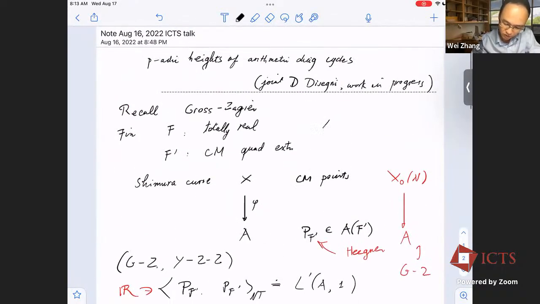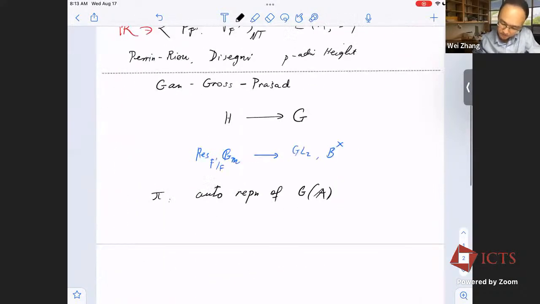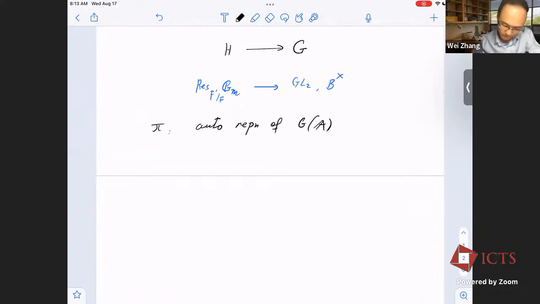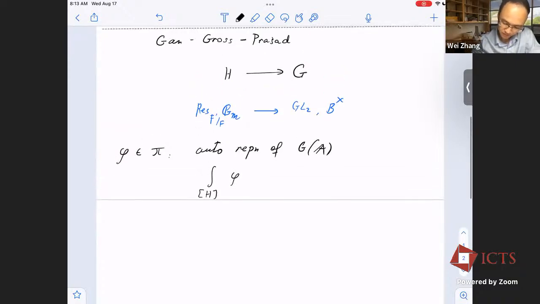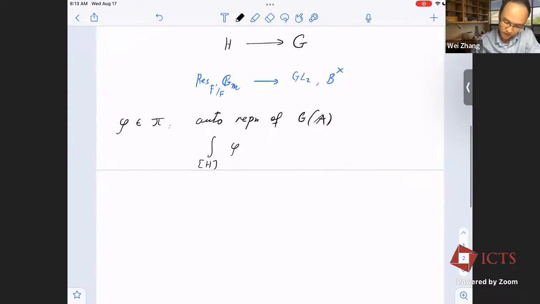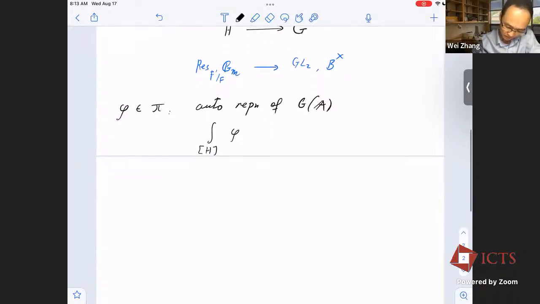Let me put a new notation here: A is the ring of adeles of F. Then I can consider a function, or vector, φ in π, and integrate φ over H. Here the bracket [H] indicates the quotient of the adelic points of H by the F-points, where F is my global field.